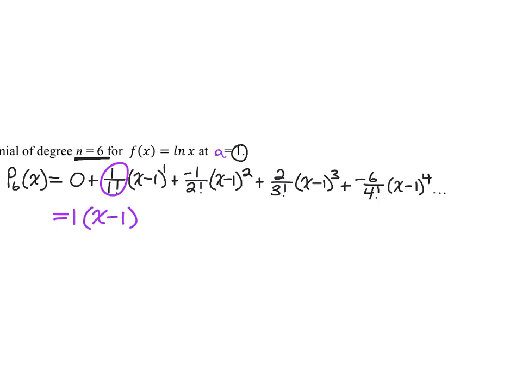I'll put the 1 in front. The next one is going to be minus 1 half x minus 1 squared plus 3 factorial is equal to 6. 2 over 6 is 1/3.